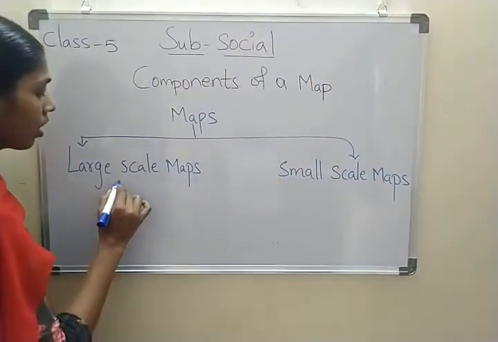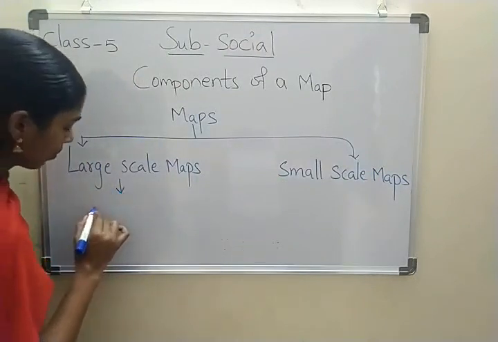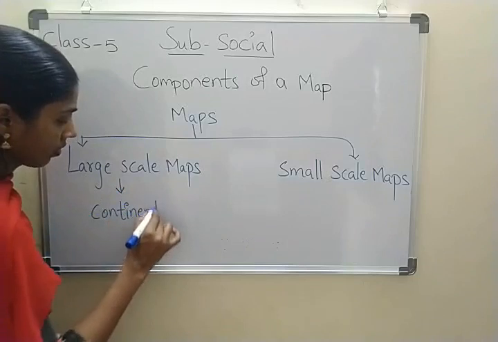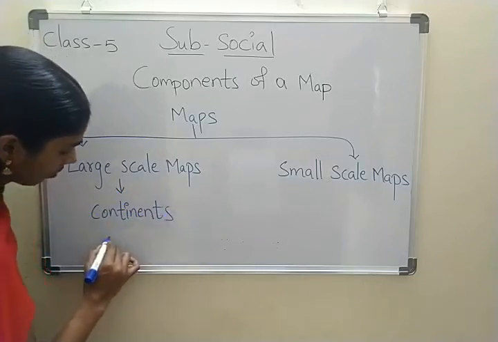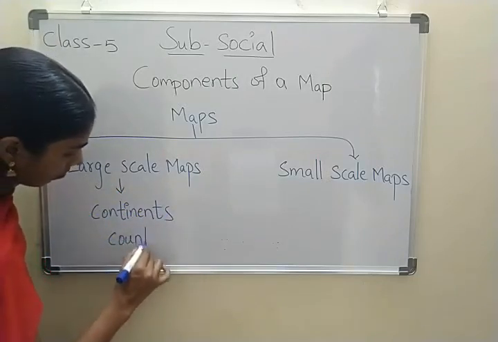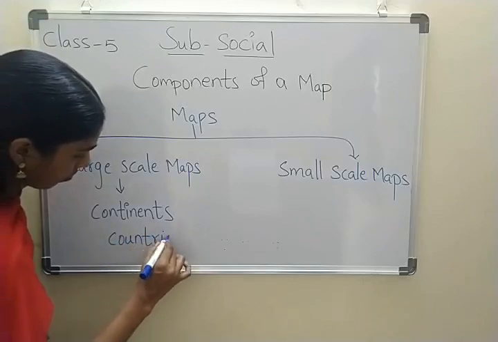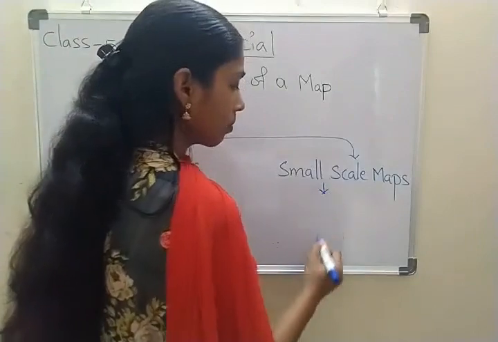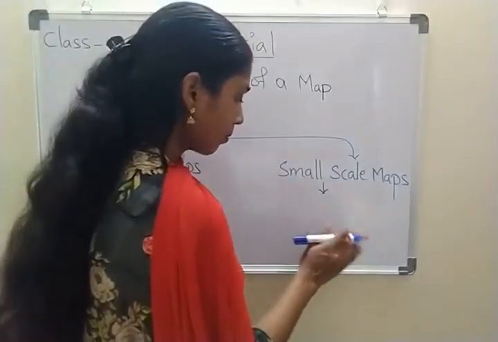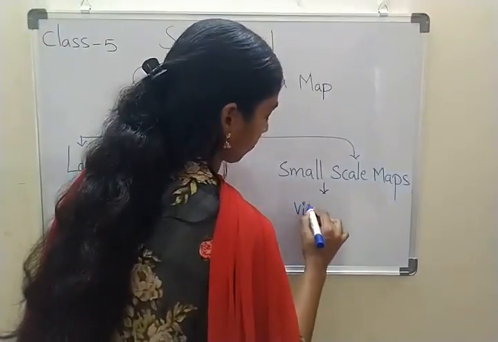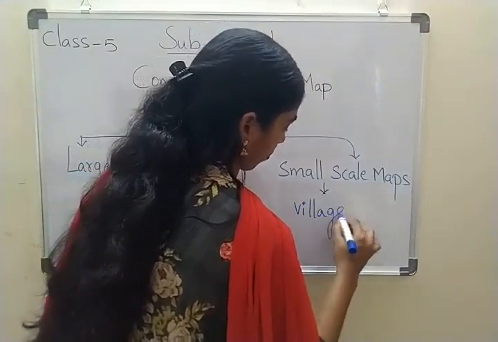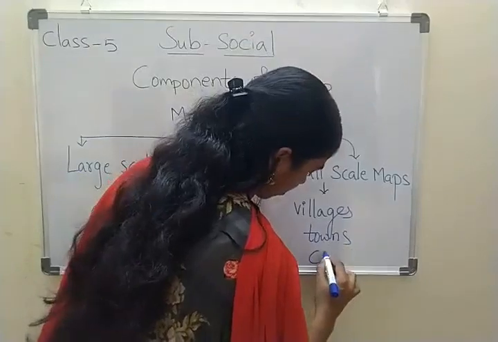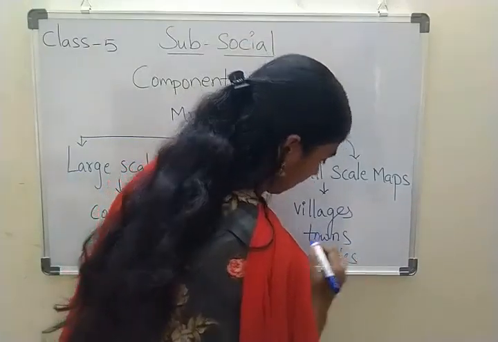Here large scale maps show continents or countries. Coming to small scale maps, they show villages, towns and cities. Okay.